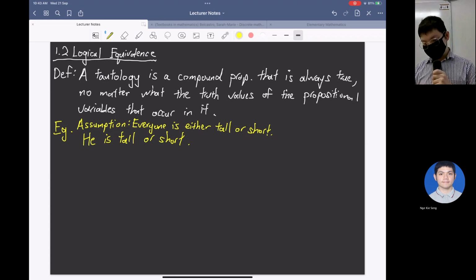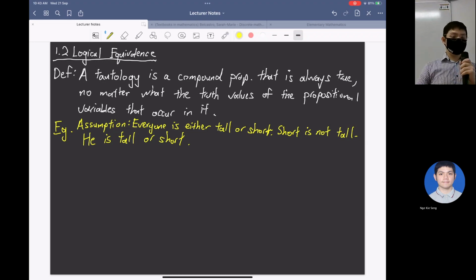Actually, to be precise, like what your classmate said just now, we also have to define what is tall and short. We don't need to know about tall, maybe we have to say about short. So short is not tall. So this is a tautology. No matter what happens, it is true. We discussed already just now. Tall or short is always true, right?